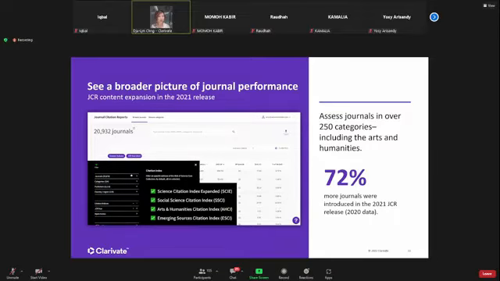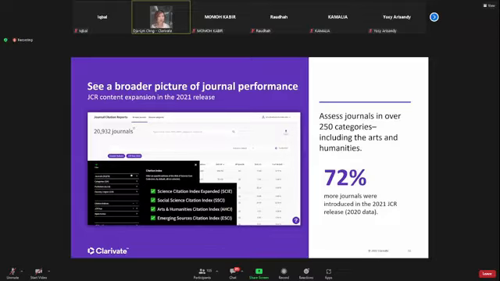Okay. But the good news is from next year onwards, from the 2023 release, this is a very big news, very, very huge news, so pay attention. From next year onwards, 2023, we are going to issue a journal impact factor to every single journal in the Journal Citation Reports, which means even the AHCI journals and the ESCI journals will get a journal impact factor.